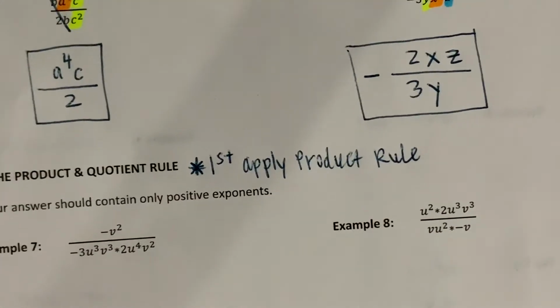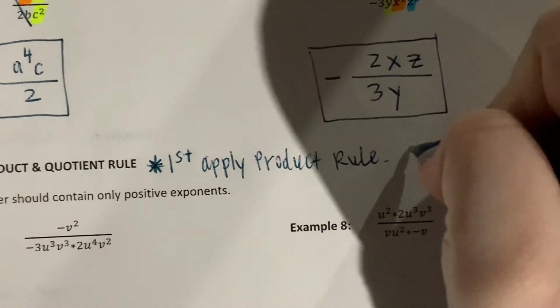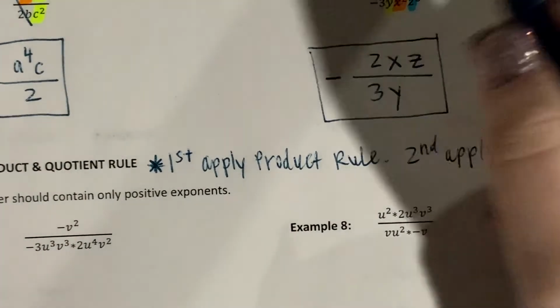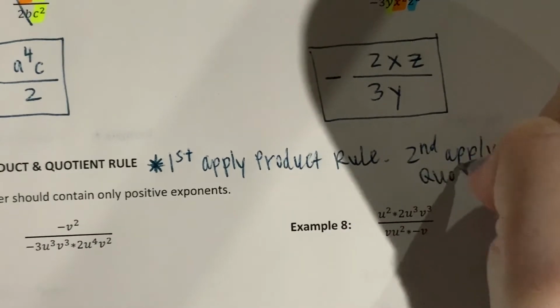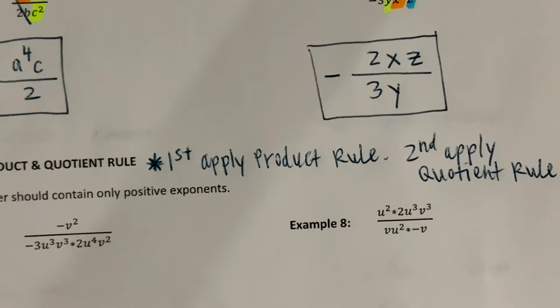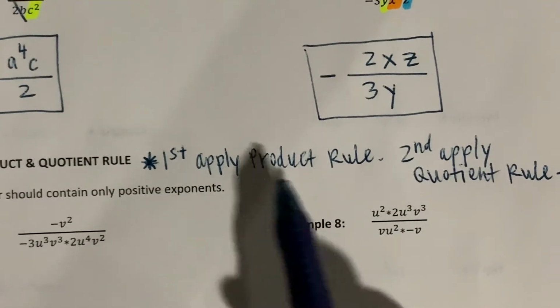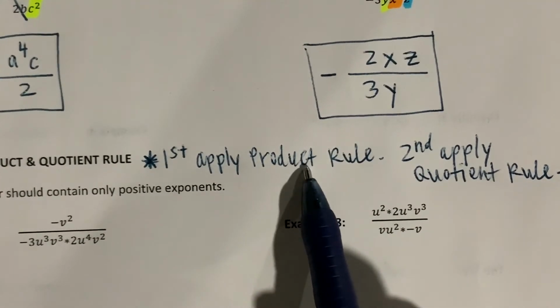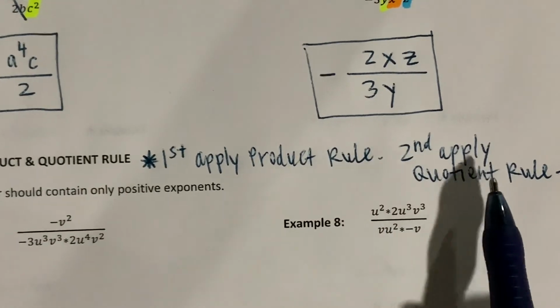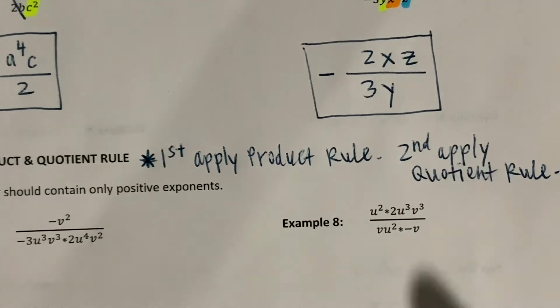And then once we apply the product rule, second, apply quotient rule. And I like to do this in 2 completely different steps to be sure I'm doing it correctly. So first I'll do the product rule with multiplication of like bases, and then I'll apply the quotient rule with division of like bases.